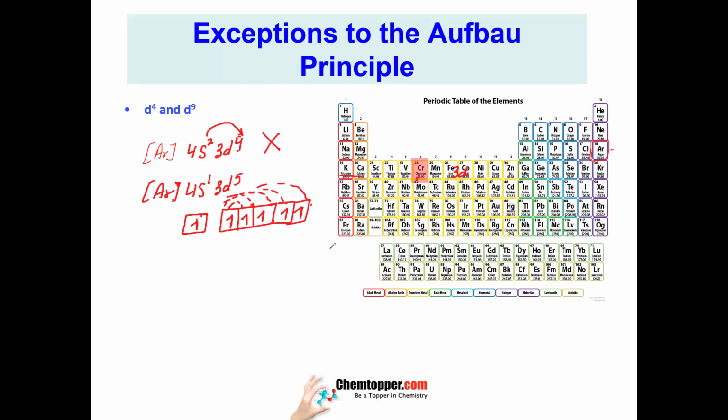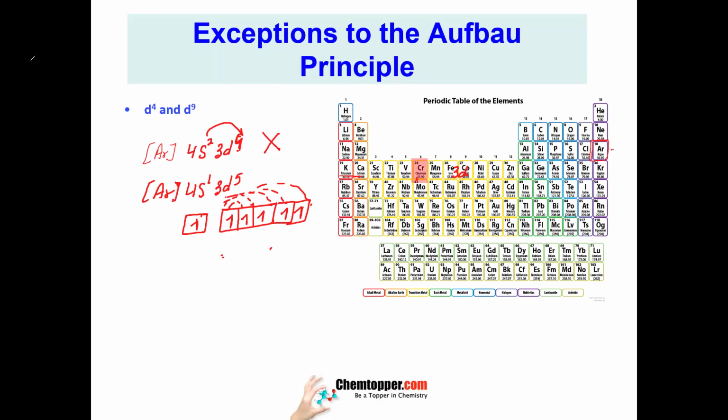More freedom, more entropy, more randomness. So in the d subshell, and same thing will happen in f, but we are not learning about f. We'll limit ourselves to the d only. In the d subshell, one electron jumps from 4s to 3d to make this 4 as 5. Agreed? Are you okay with this?